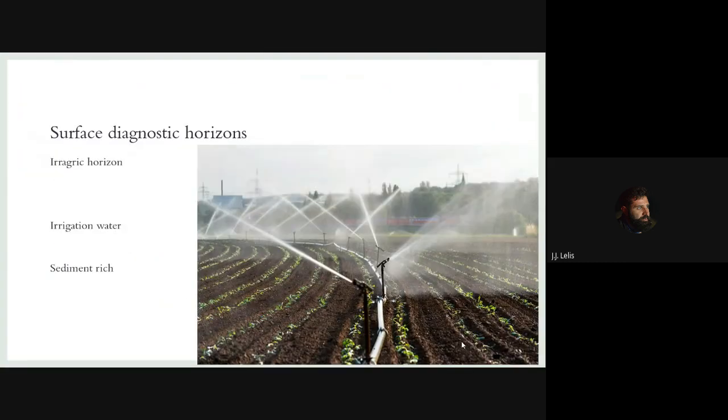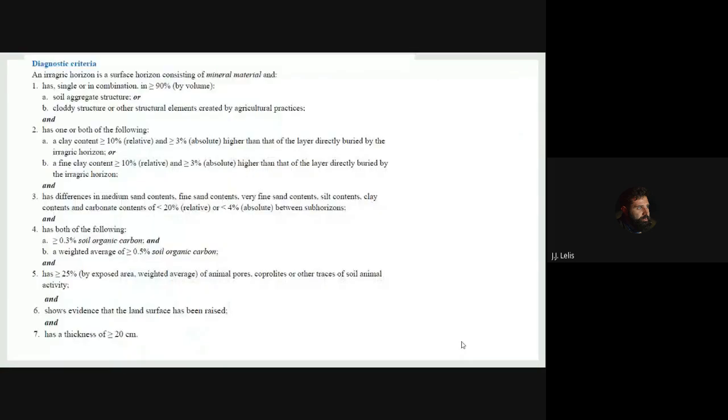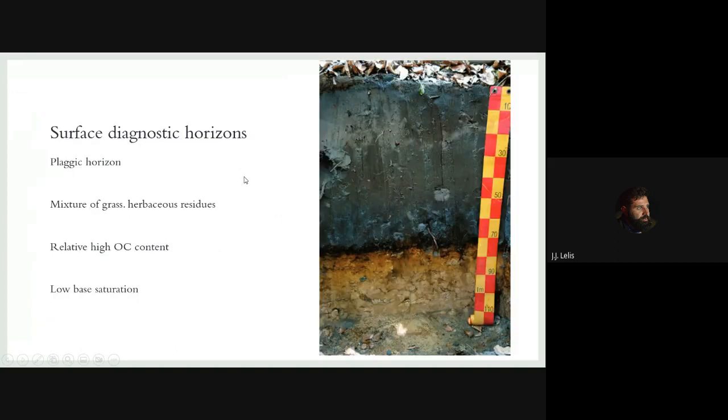Let's see here, a hydragric horizon should possess a difference of texture between these materials, because we have a concentration of fine particles in the surface, which could be identified.